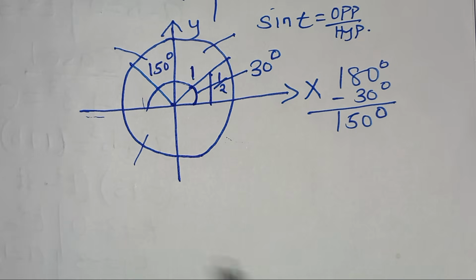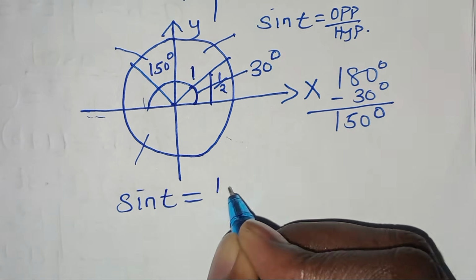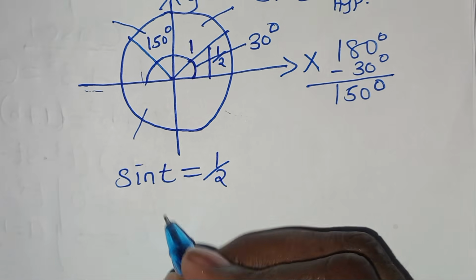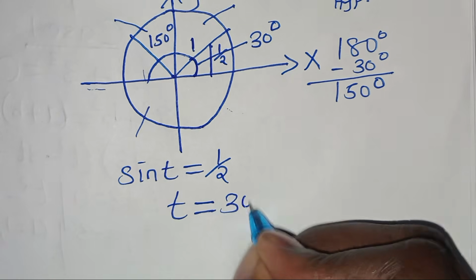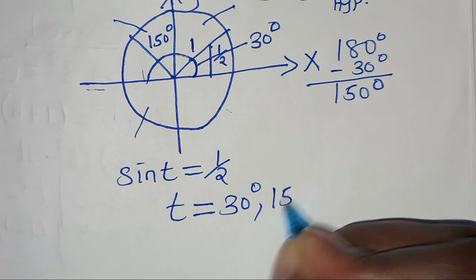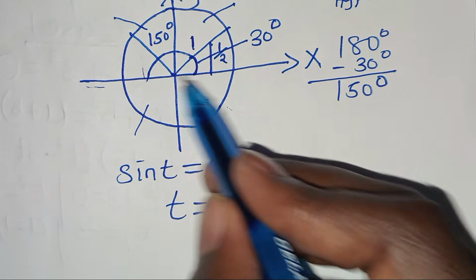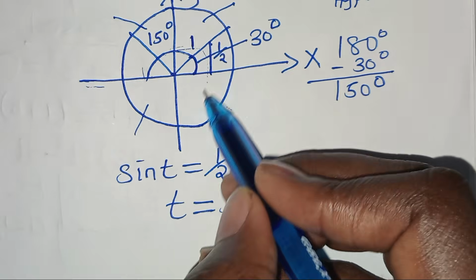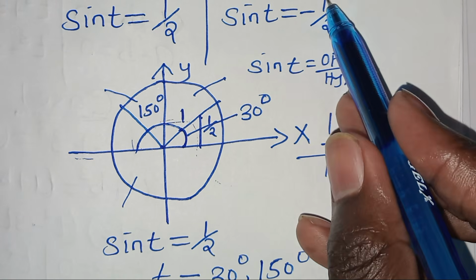So this means that for sine t equal to a half, the values of t are 30 degrees and 150 degrees. Remember, these are the positive angles, angles above the xy plane. Now we have sine t equal to negative a half.